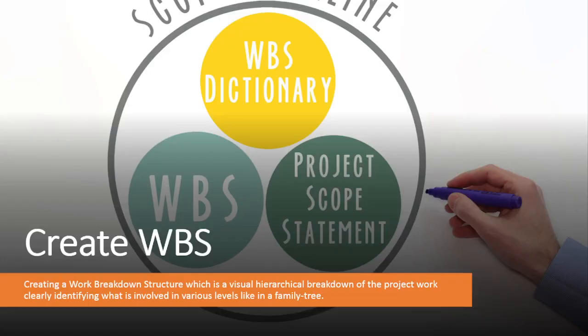Now, if you haven't seen a WBS, I want you to Google it. A WBS just looks like a family tree, like an organization breakdown structure. It has that same tree structure, but it's a really helpful tool in identifying what the project is about, making sure that it is well elaborated and broken down.